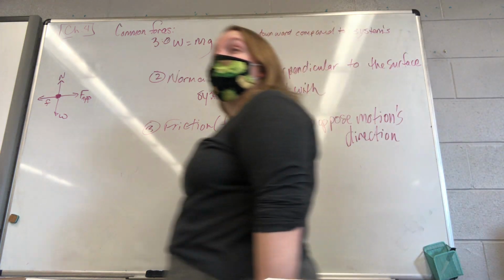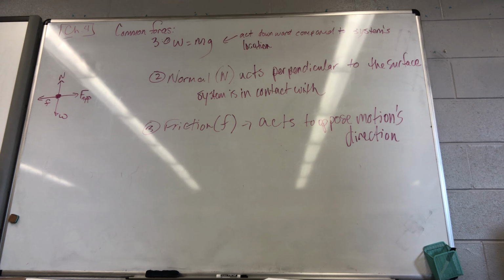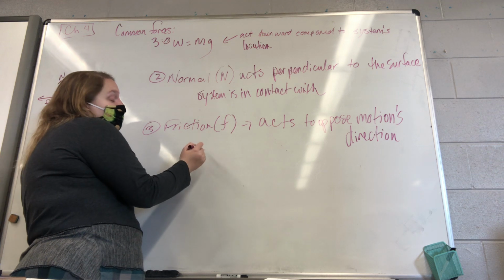We're going to start next semester with a very intense dialogue on friction and types of friction. So when it comes down to it, friction is always just going to be acting opposite of whatever the direction of the motion is.